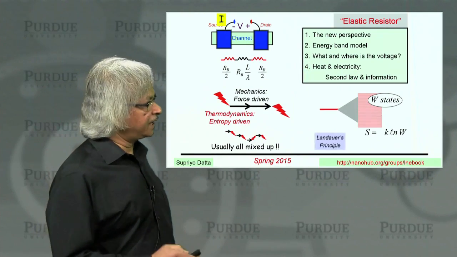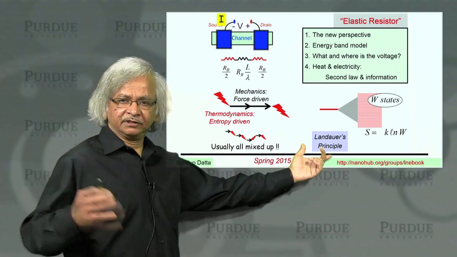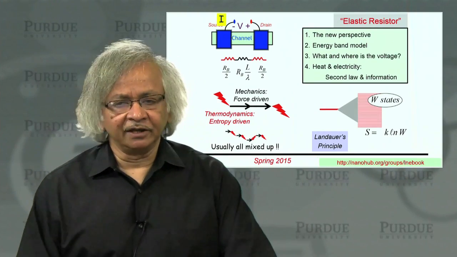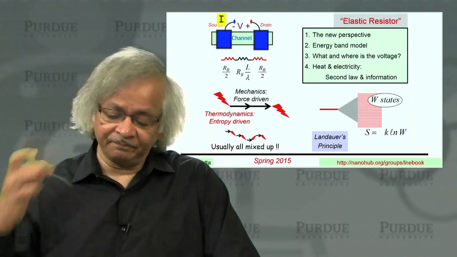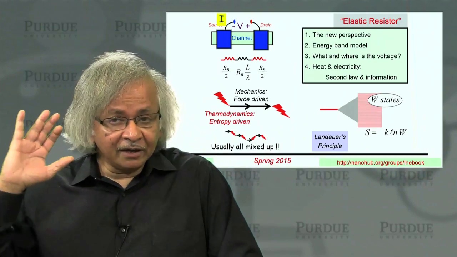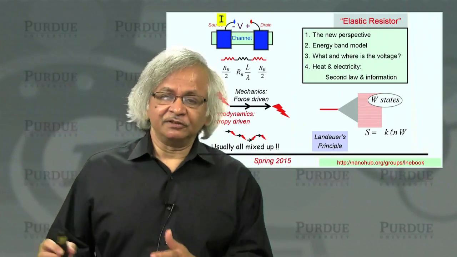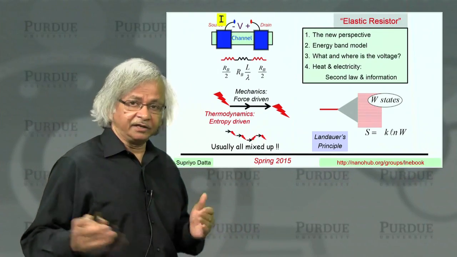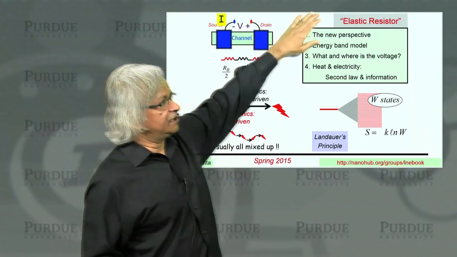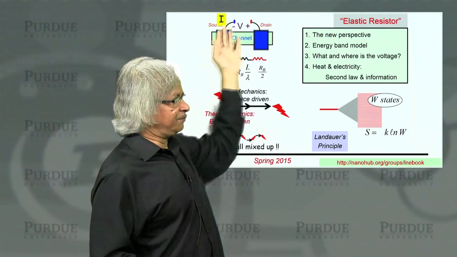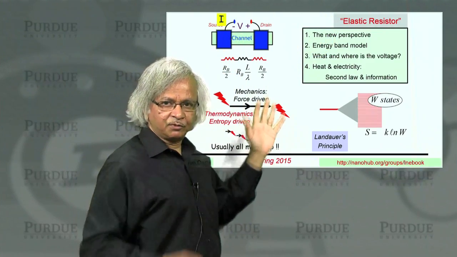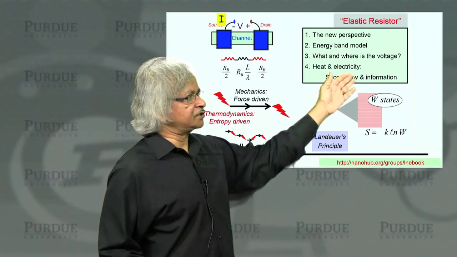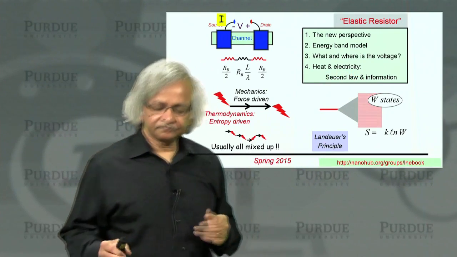And we also connect it to this Landauer's principle that you may have heard of. Actually Landauer was a very deep thinker and somewhat ahead of his time. The two major contributions of his that have inspired a lot of people, that you see a lot of discussion about even today, are this idea of the elastic resistor, which is at the heart of this whole transport picture that we are talking about, and then Landauer's principle, which has to do with information.